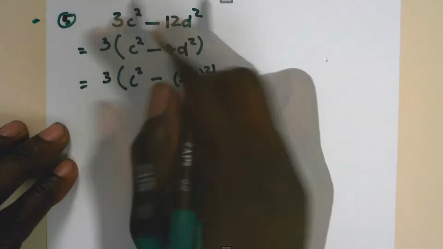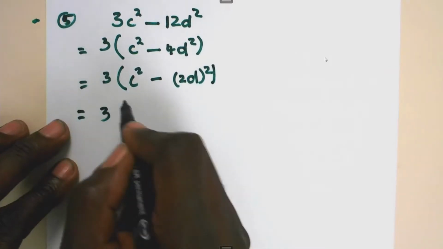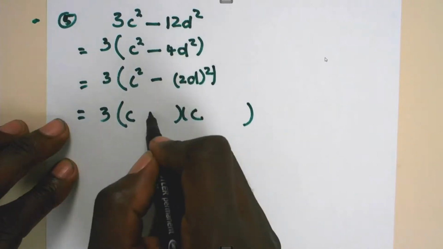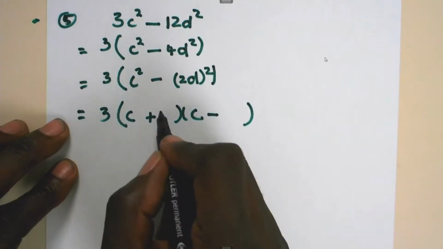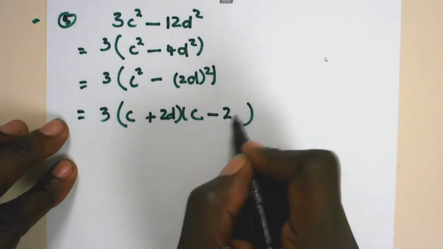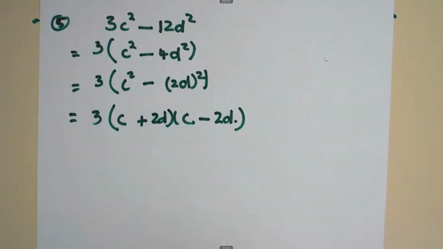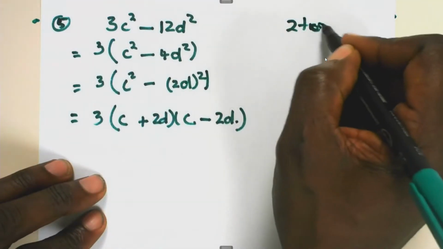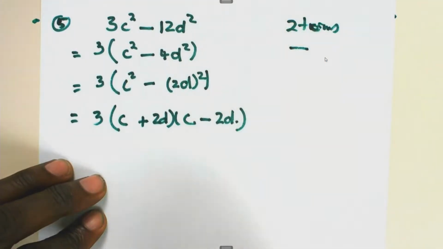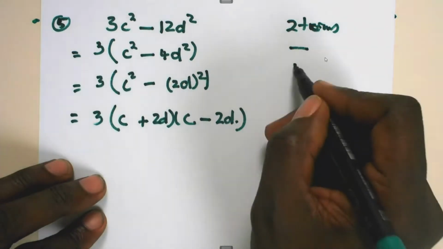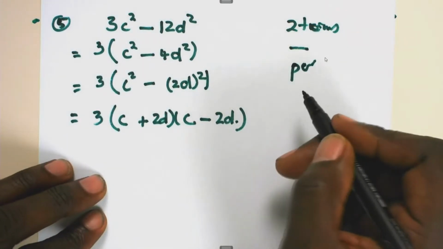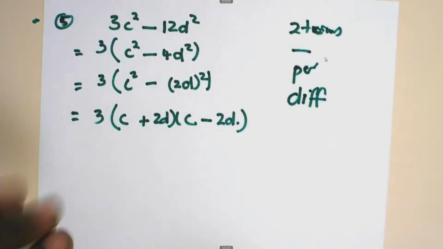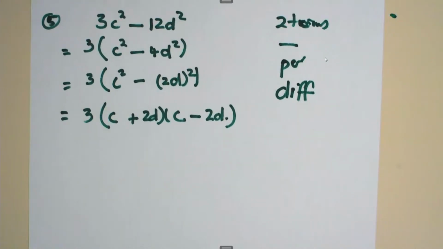And then it's two terms, and the factors are 3 into c, positive and then negative, 2d and 2d. It's very easy if you master two terms separated by a negative sign. It's perfect squares, and the factors have different signs.